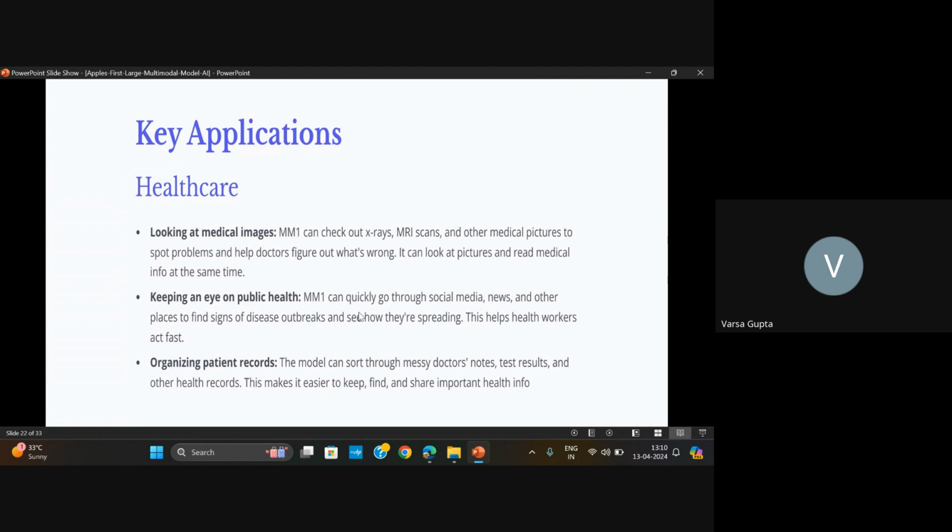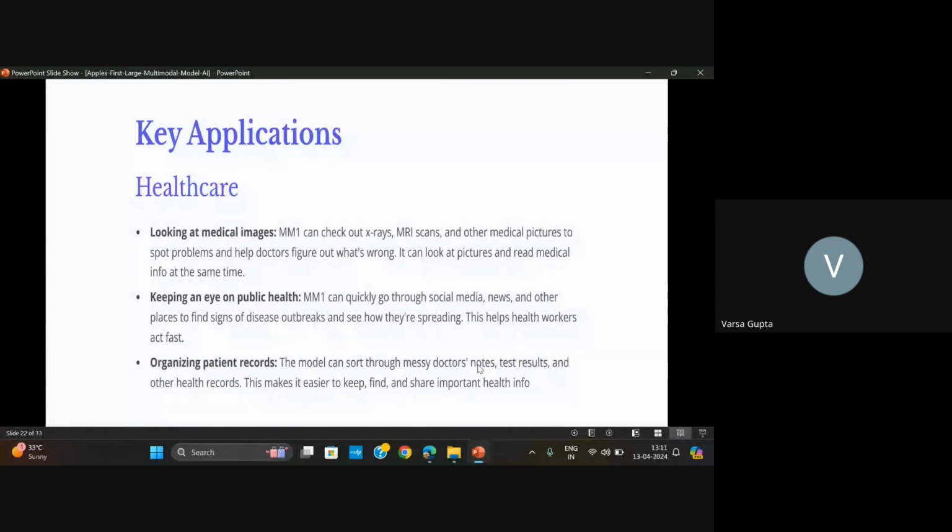But if at that time we had something like this that can go through social media and read the possible outbreaks of diseases, this would be a great thing. It would really save much time and effort, and it would also be faster.